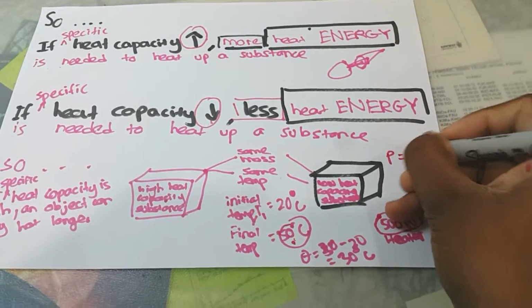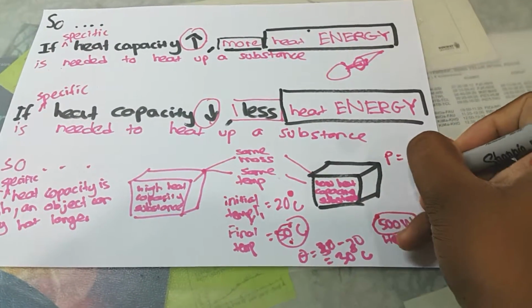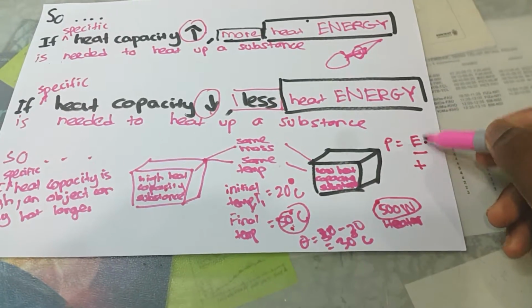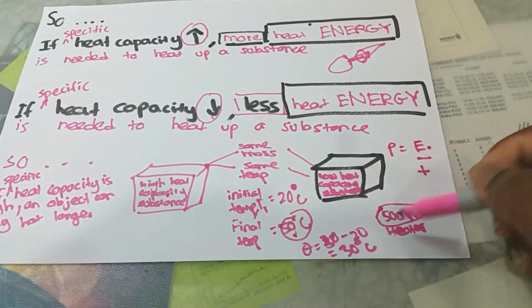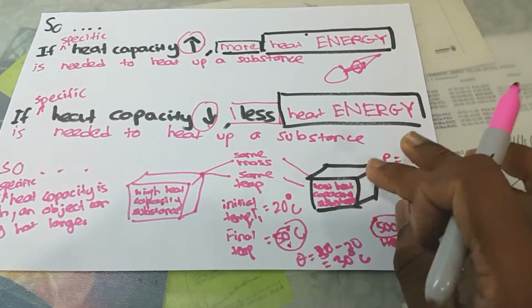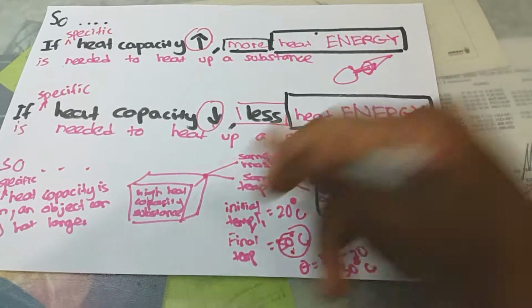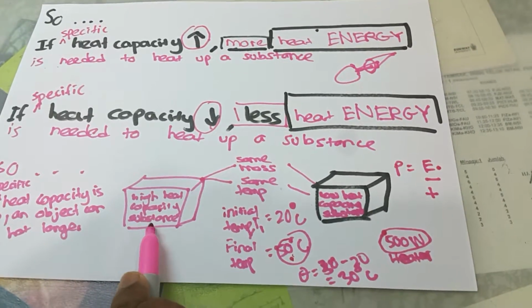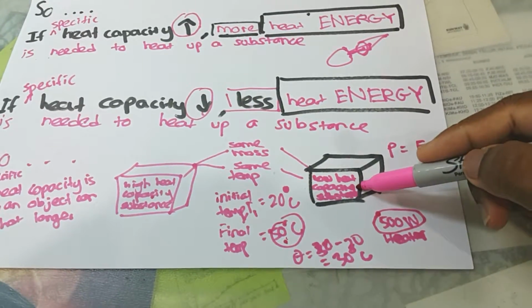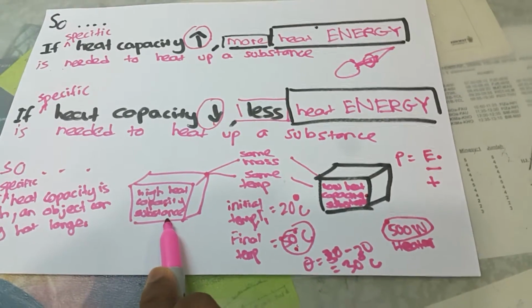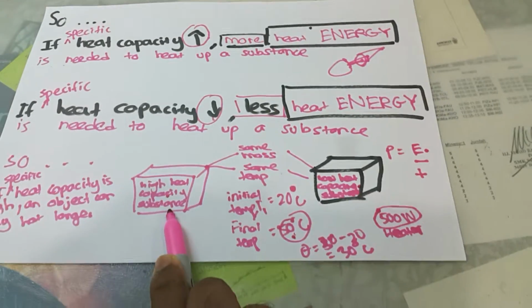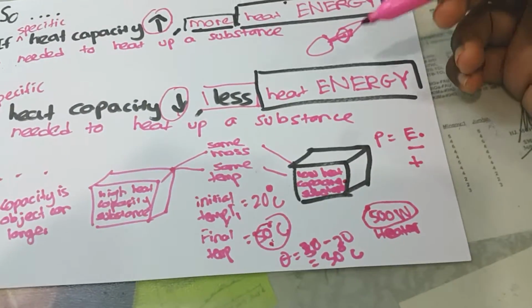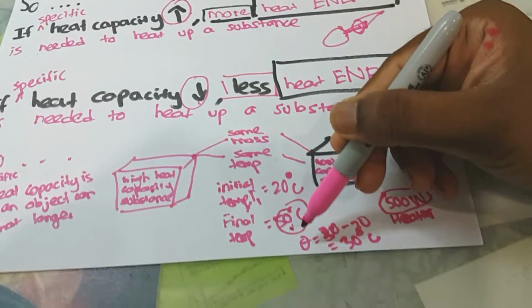Power is energy over time, the rate of transfer of energy. Let's say I'm transferring 500 watts, which is 500 joules per second, to both. But this substance has a higher specific heat capacity, and this one has a lower specific heat capacity. So which one would take a longer time to reach 50 degrees Celsius?